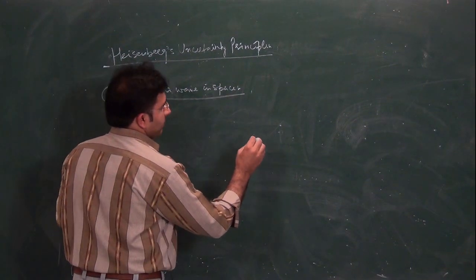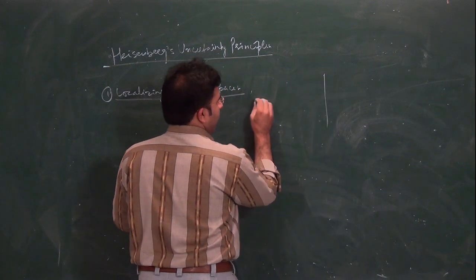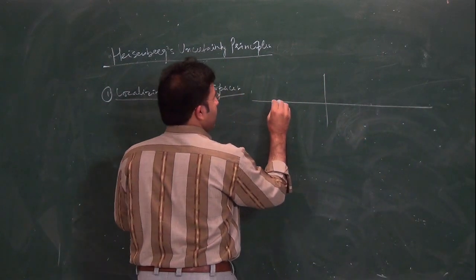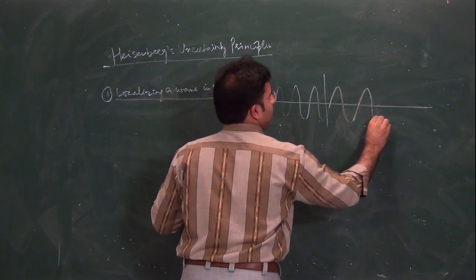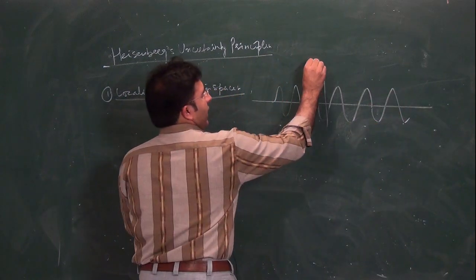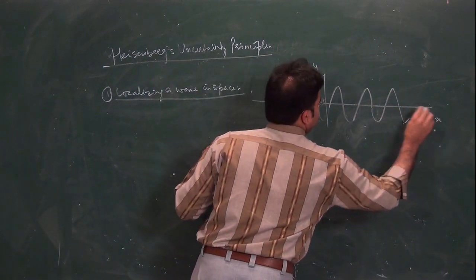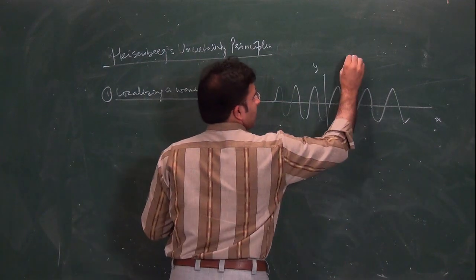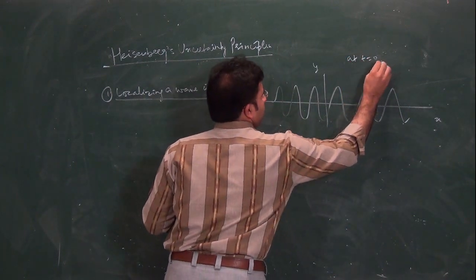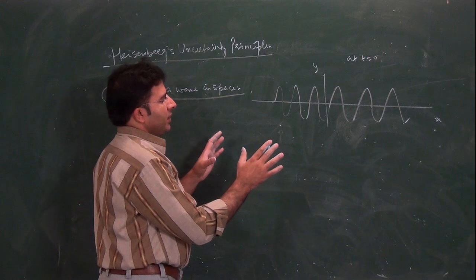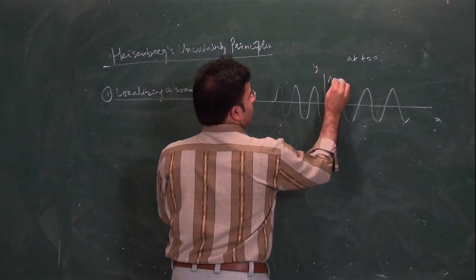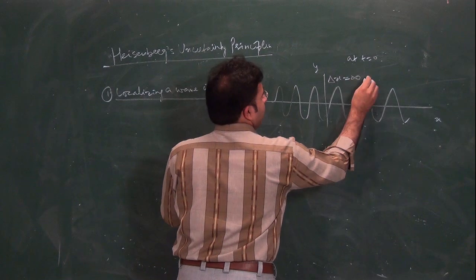Listen carefully. Suppose we have a pure sinusoidal wave going along the x direction, and at some particular time t equal to 0 we photograph it in order to locate it. When we photograph it, its delta x will be infinity.